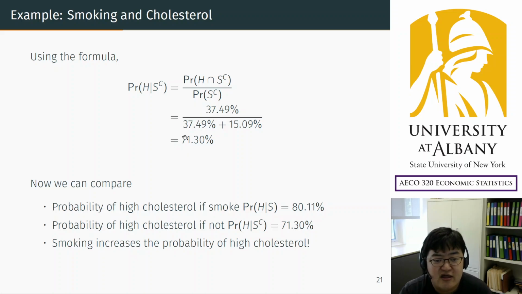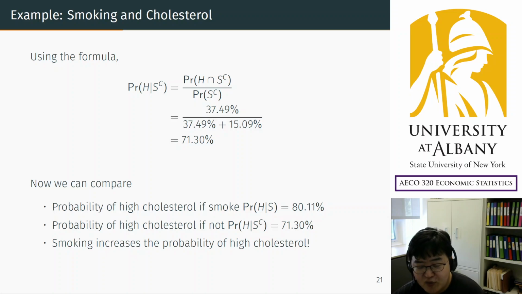So in this data, we could calculate two conditional probabilities, given smoking and given never smoked. And the probability of high cholesterol differs this much, 80% to 71%. So just based on these observations, we may be able to say smoking can increase the probability of high cholesterol.